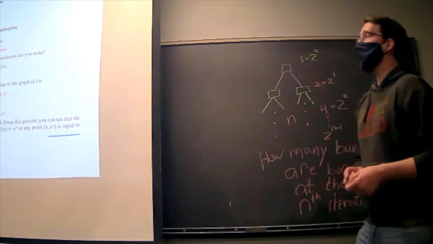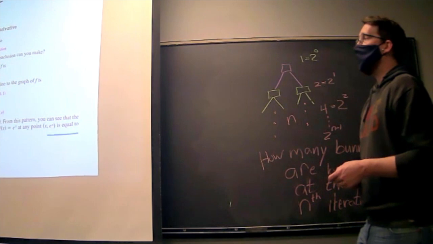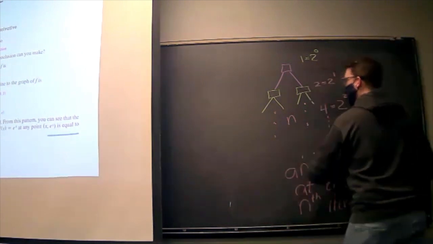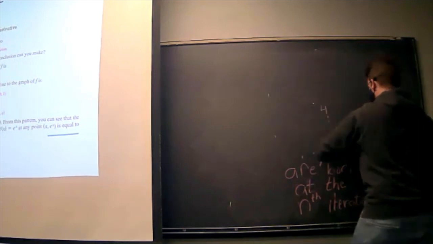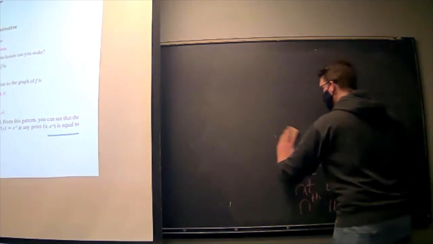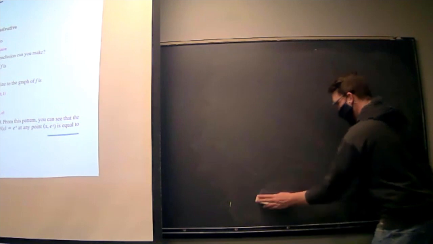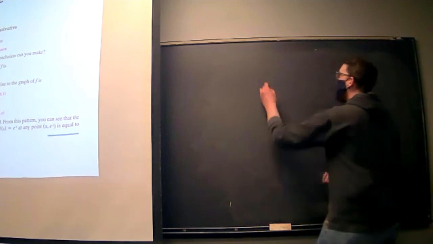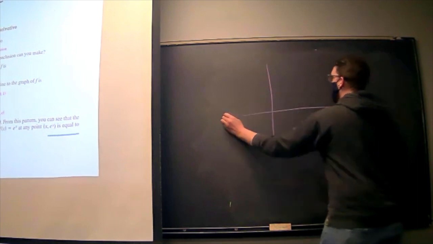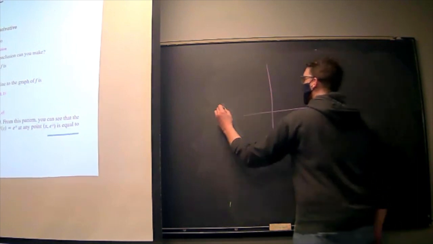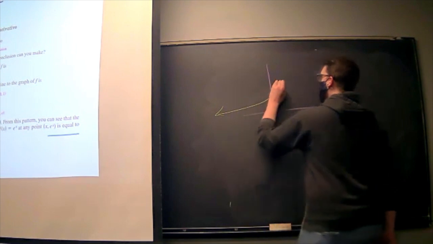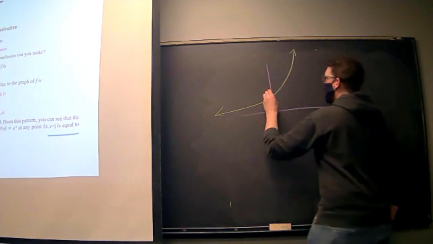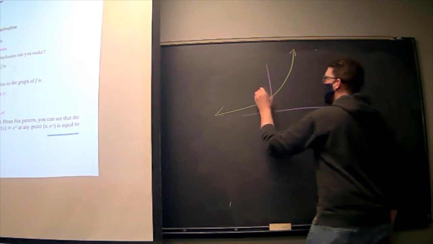In other words, if you were to take, let me erase this. If you were to take the graph of e to the x, this is our point (0, 1).